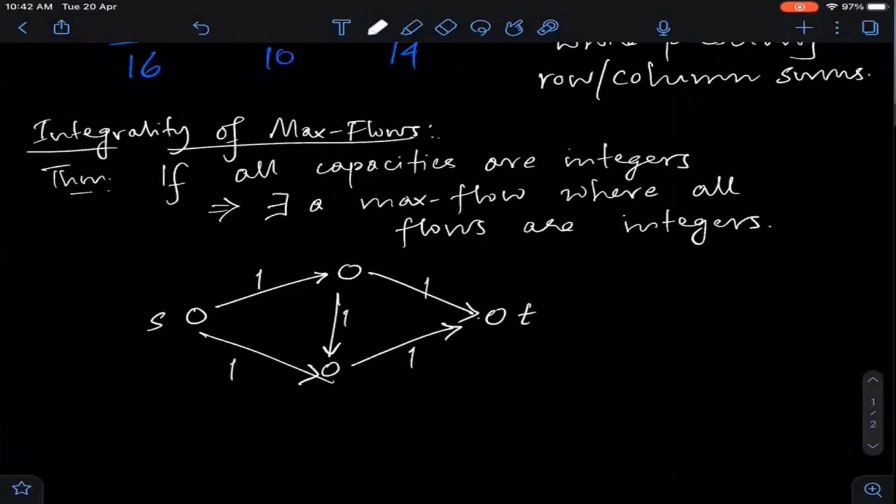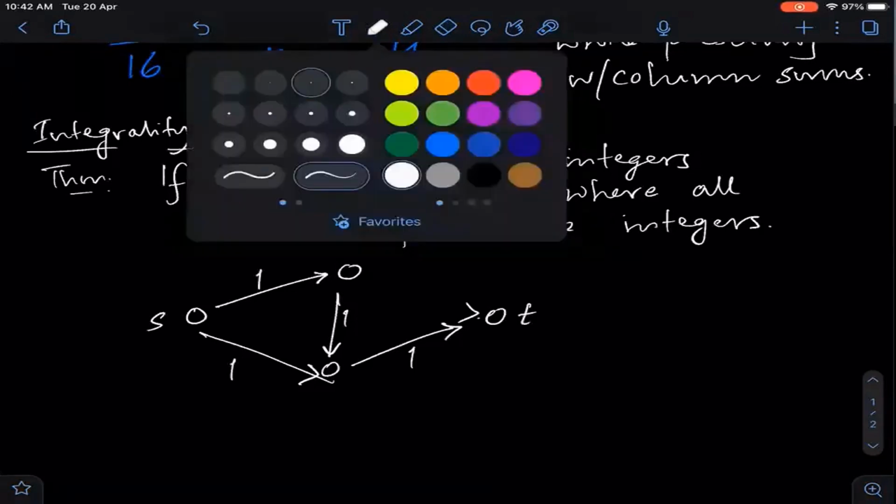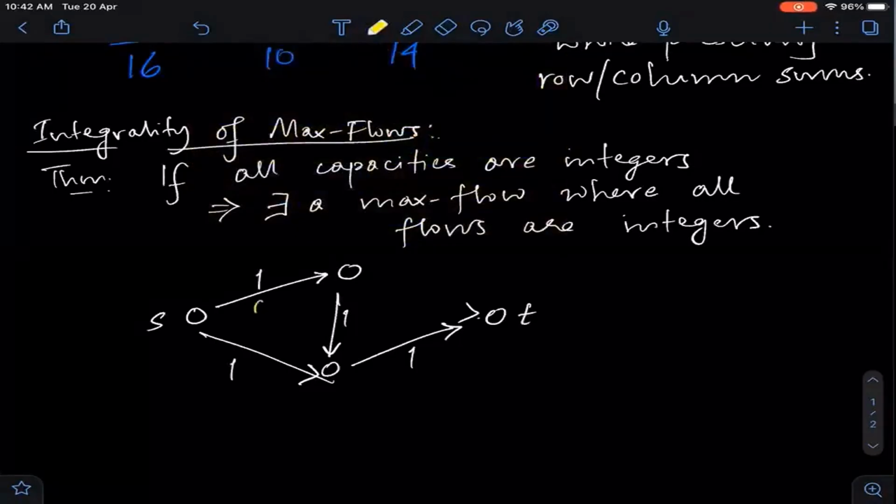Or let's say suppose this edge is not there. Yeah, so now let's say I define the flows as follows. So I give 0.5 here, I give 0.5 here, and I give 1 here.